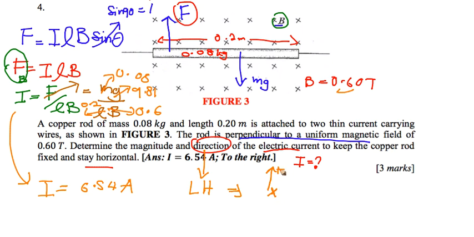This is the direction of the force produced here, upward to overcome the weight force. And if you look at the left hand, the direction of the second finger is to the right, so this is the direction of the current flow I, right? Thank you.